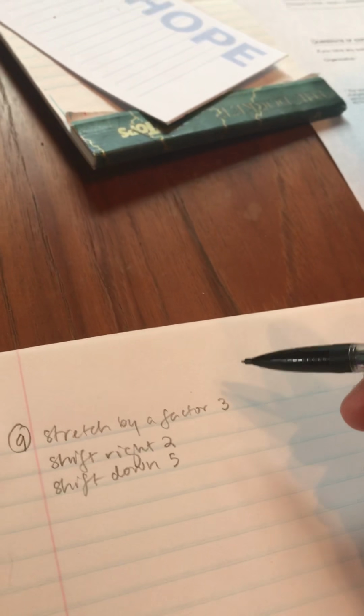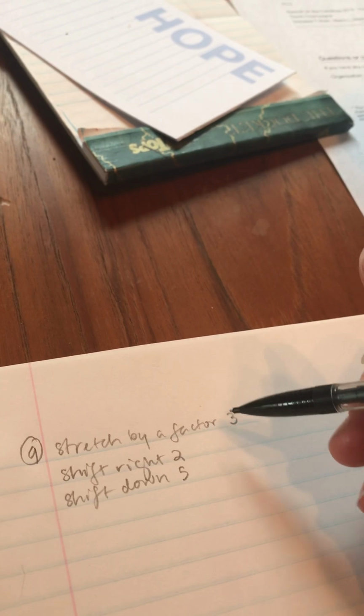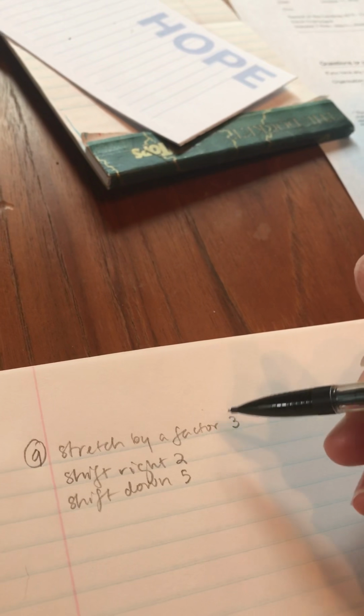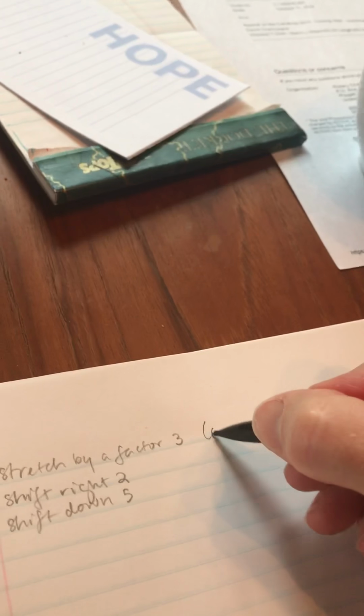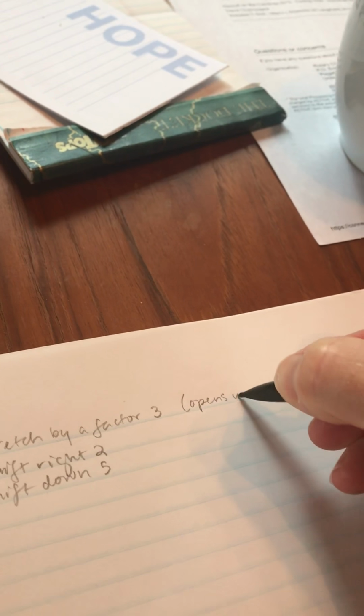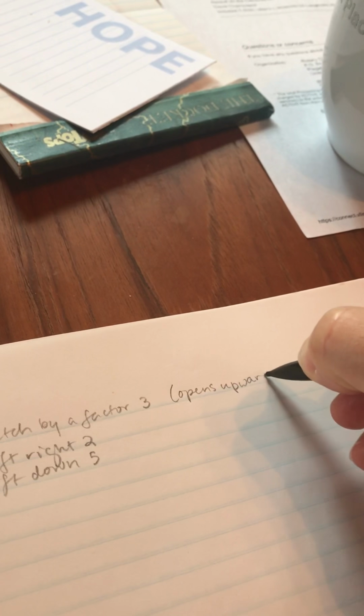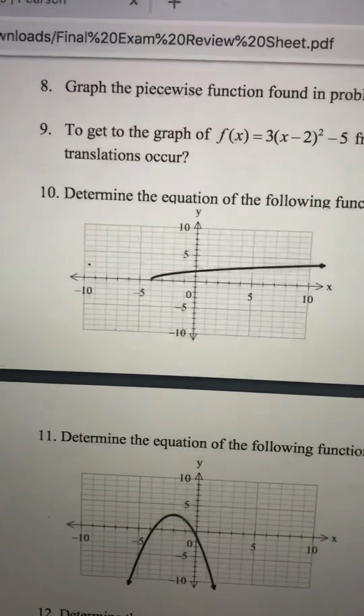The other thing that you would want to notice is if that coefficient is positive or negative. When it's positive, that means that it opens upward. If it were negative, it would open downward. Otherwise, it's just your basic parabola.